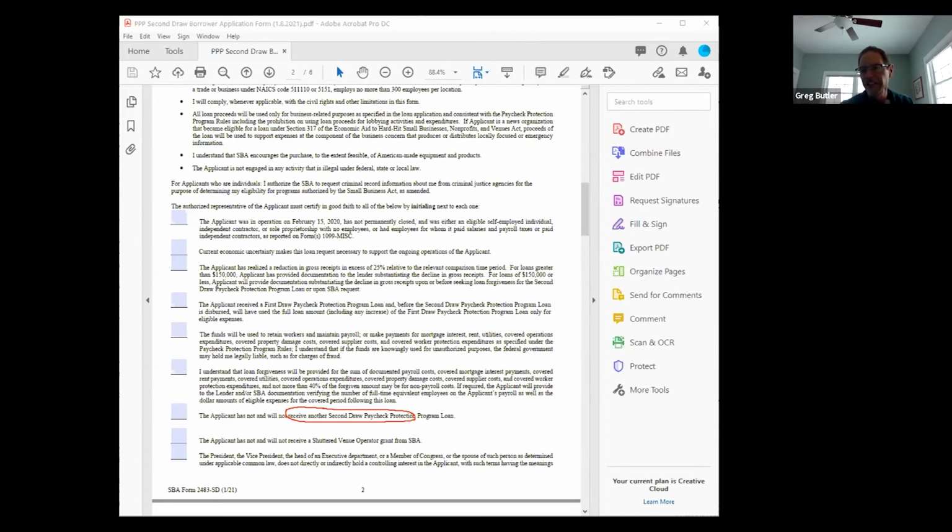Now, again, if it's in on both spots, as long as the activity isn't too wildly different, hopefully it doesn't hurt you. But you need to work with your accounting firm or go to that document on the SBA website that talks about how to determine your reduction in gross receipts, and take your fact pattern against that.